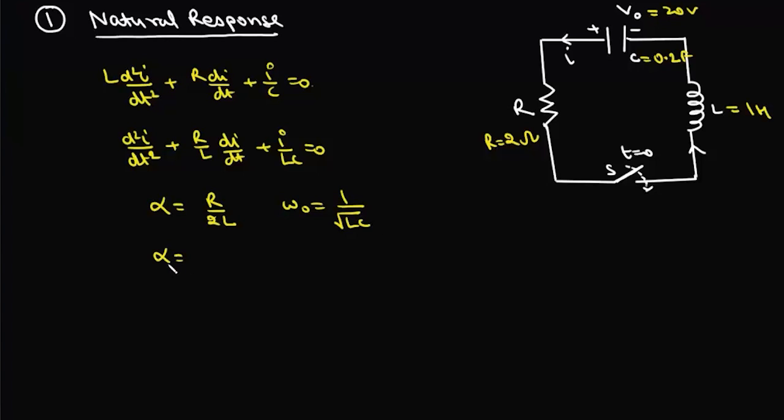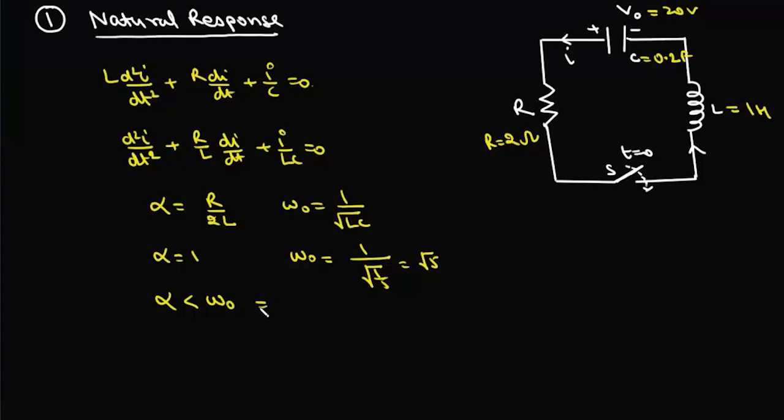Now in this case, alpha is 1 and omega naught will be 1 upon LC, which is 1 by 5, so omega naught will be under root 5. So in this case, alpha is less than omega naught.